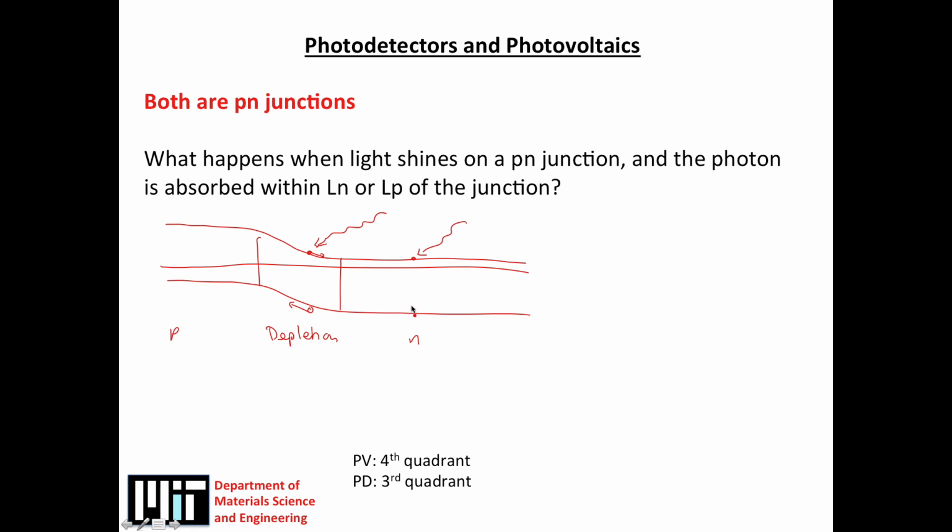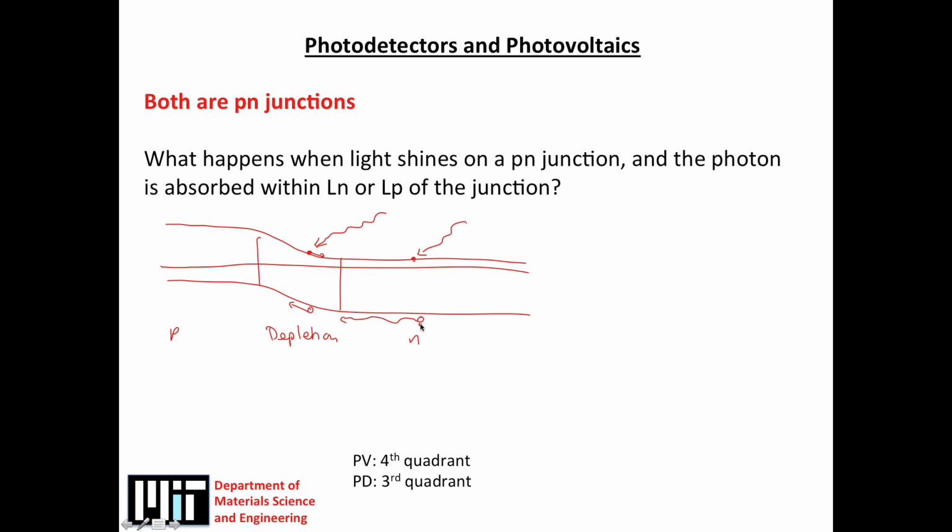Now let's think about what happens if the photon instead hits somewhere outside the depletion region. We're still going to create an electron-hole pair, but now there's no electric field pushing them around. The hole in the n side will diffuse around, and if it manages to diffuse into the depletion region, it will be swept across by the built-in electric field, and it will contribute to the external current. The electron won't do anything because even if it did make it to the depletion region, the electric field is in the wrong direction.